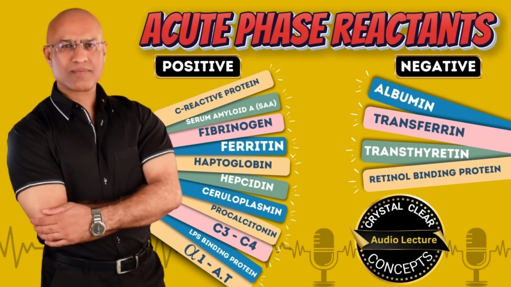Mucosal cells in the duodenum absorb iron through special mechanisms from their apical surface, right? Once iron is in the cytoplasm of mucosal cells of the duodenum, this intracellular iron needs to be released to the circulatory system.